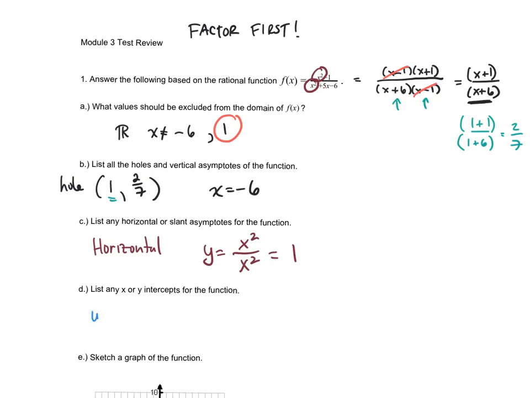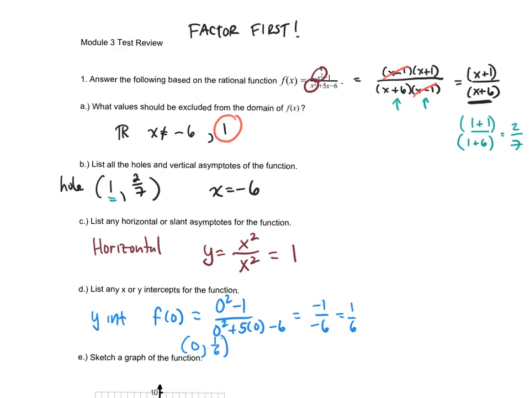Now y-intercept, remember, we just plug in 0 for x. So f of 0 is going to be 0 squared minus 1 over 0 squared plus 5 times 0 minus 6. So it's negative 1 over negative 6, which is 1/6. So my y-intercept is 0, 1/6.